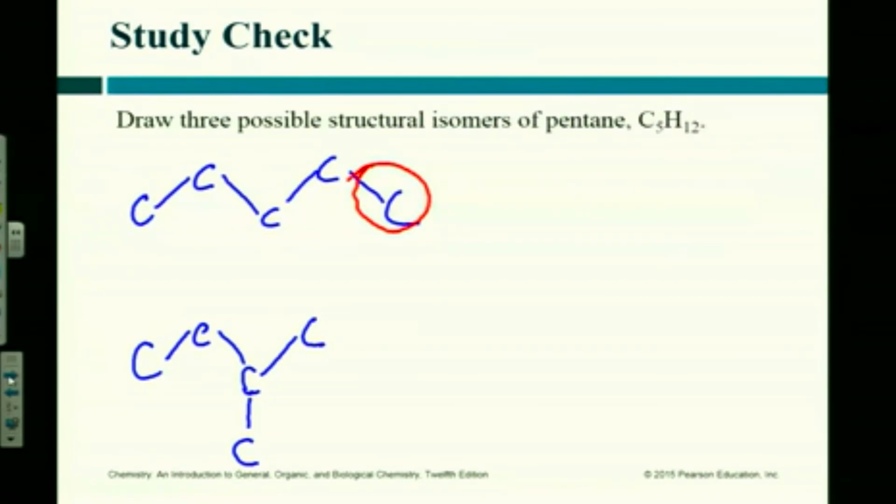I still have 5 carbons, and trust me, there's still 12 hydrogens. How many hydrogens would be on this carbon? 2. This one, just one, because it already has 3 bonds, so it can only have 1 hydrogen on it.